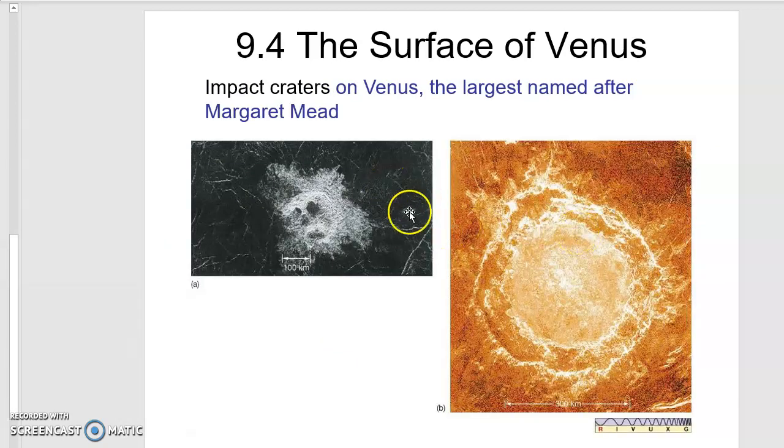Now this is interesting here, and this is nothing more sociology than anything else. There are impact craters on Mars. Everything has an impact crater on it because there are lots of asteroids and meteors. The largest impact crater on Mars is named after Margaret Mead, whom you may not have heard of. Margaret Mead was a sociologist or anthropologist in the 20th century.